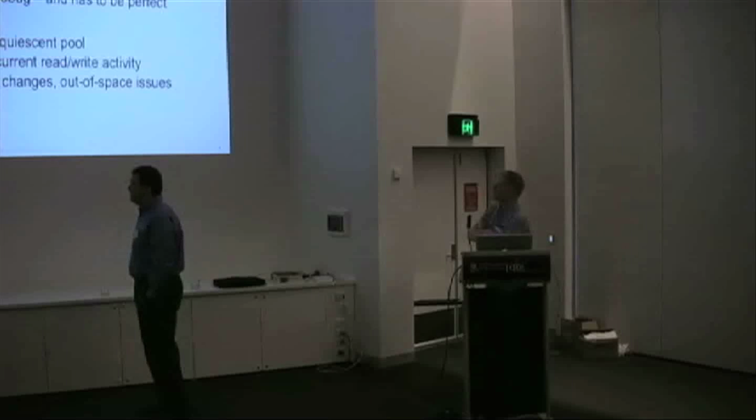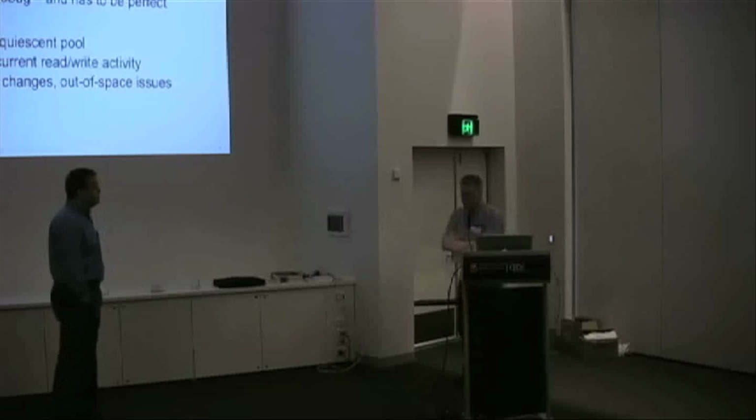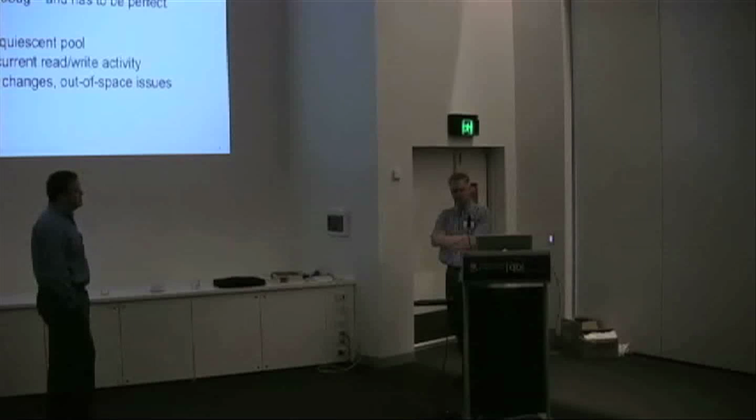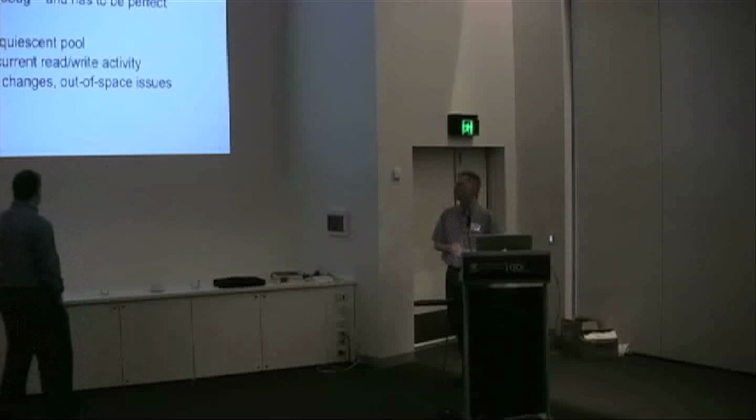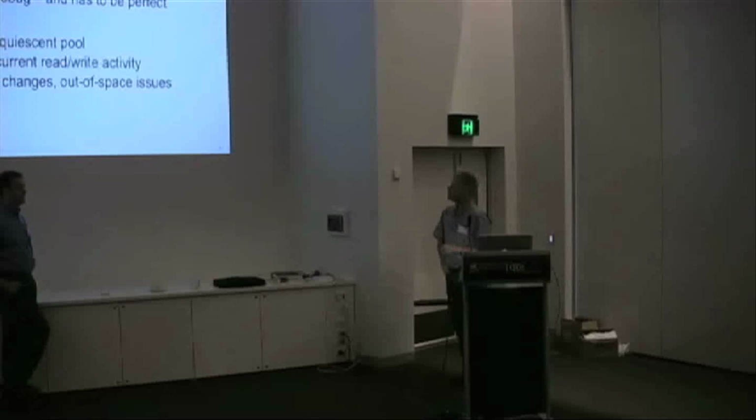But where we are is that the basic logic works. We have it to where on a pool that's just sitting there, you can run the BP rewrite code and it will actually successfully migrate everything from one place to another. Matt is currently going through the exercise of debugging what happens as you have more and more concurrency, so it can start to tickle all these little race conditions.